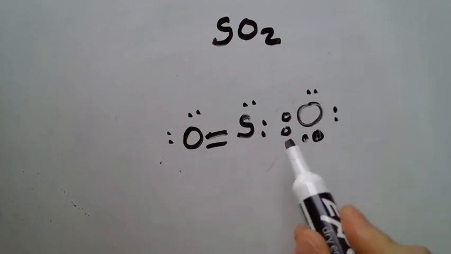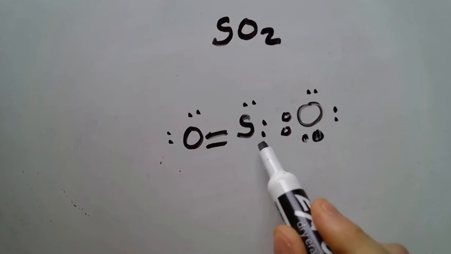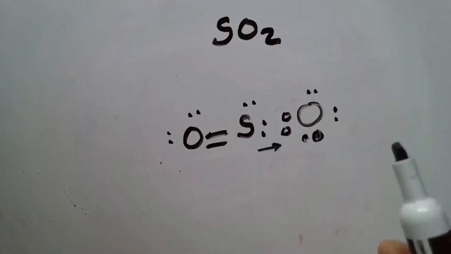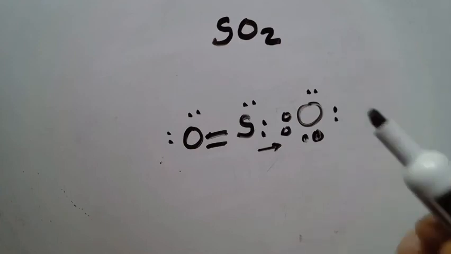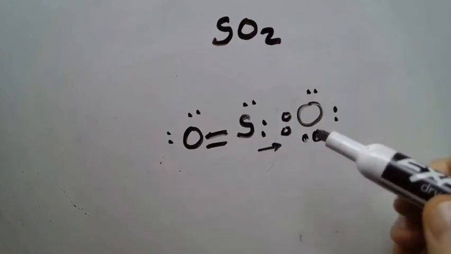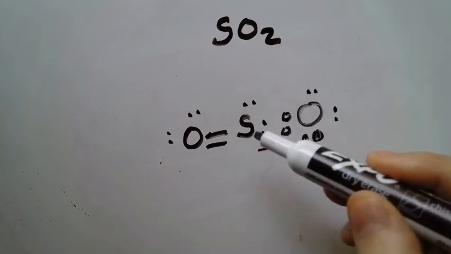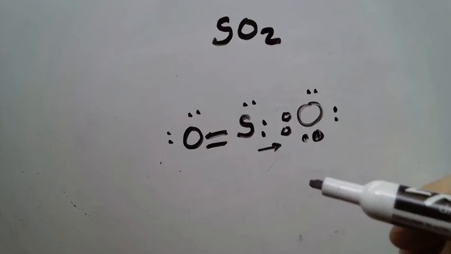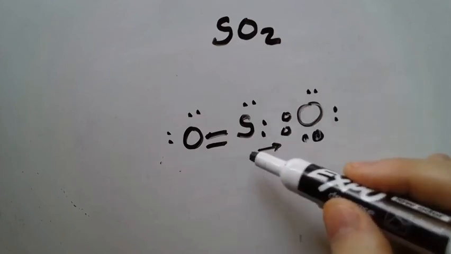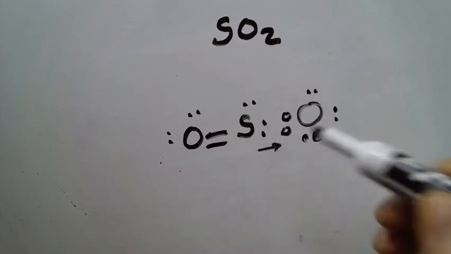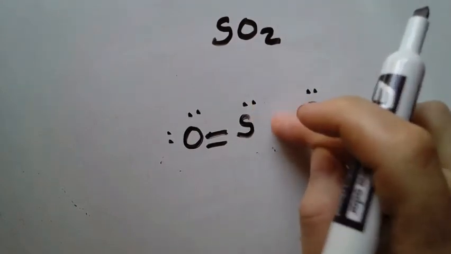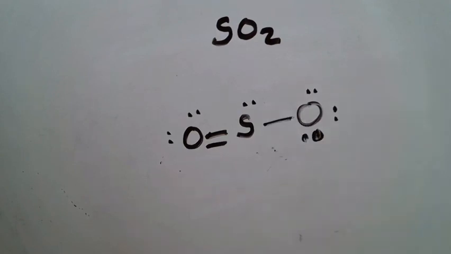And if you notice, these two valence electrons from sulfur can fit right into it. And therefore, instead of a normal bond where each element provides one valence electron, here we have one element, sulfur, providing both valence electrons in the bond. And you simply erase all this and you draw it as a normal bond like you normally would.